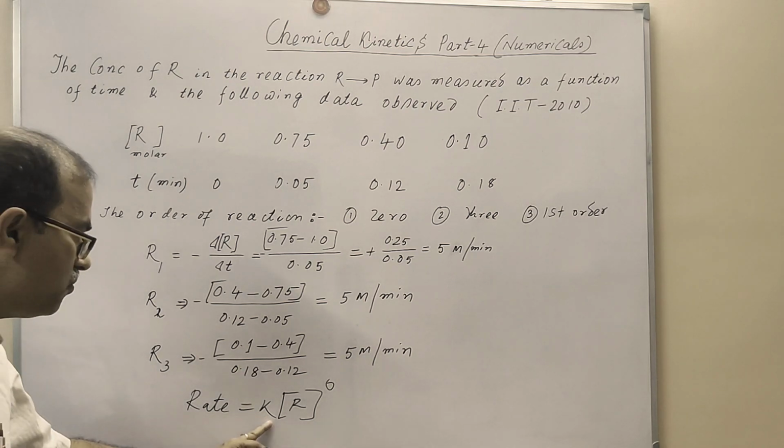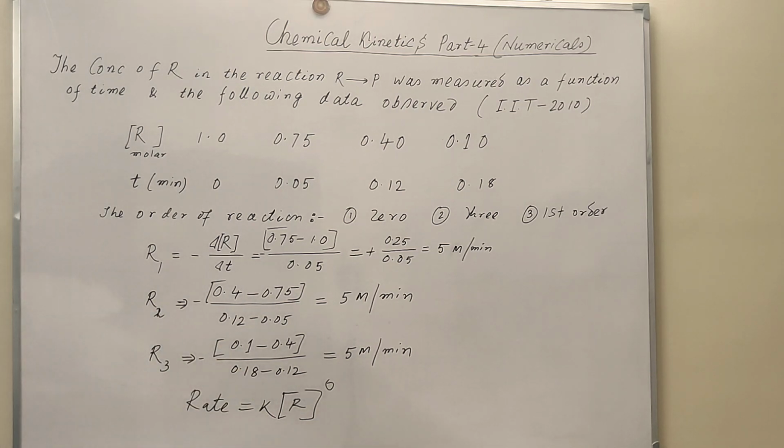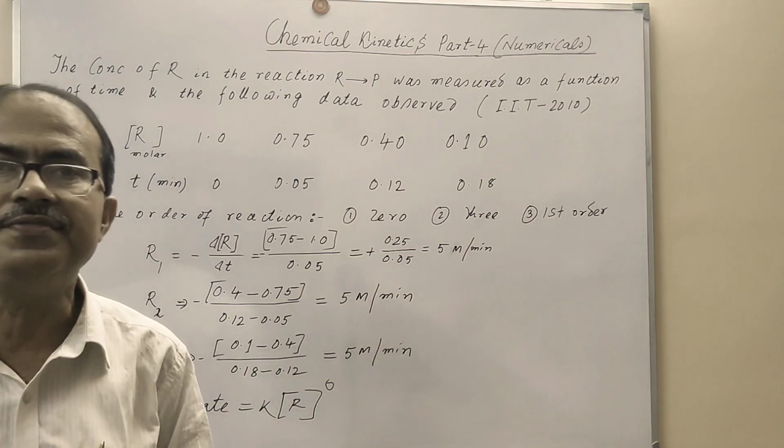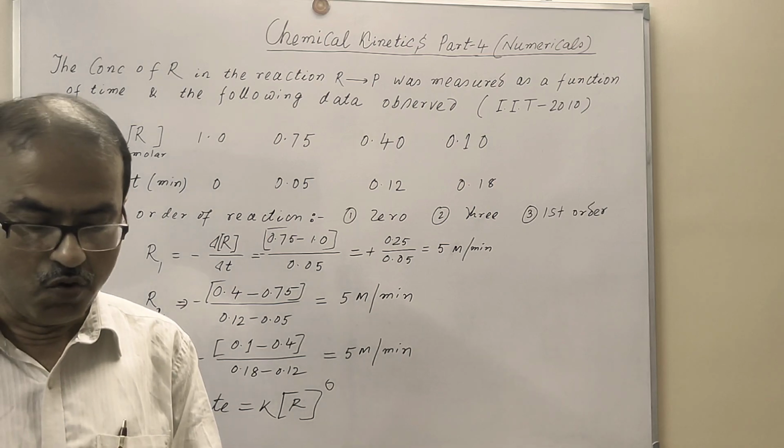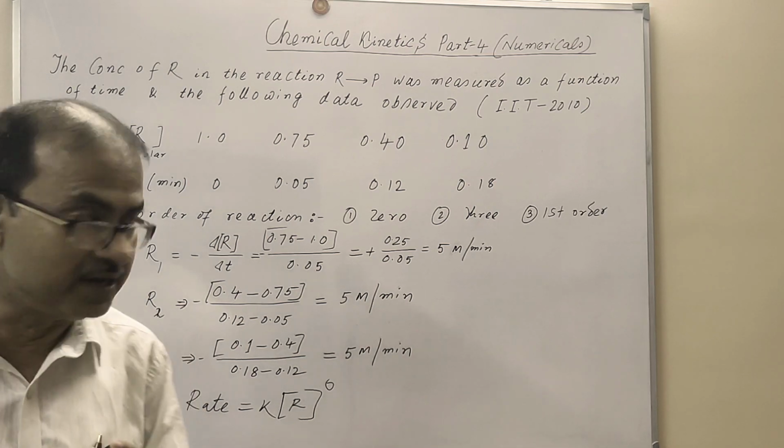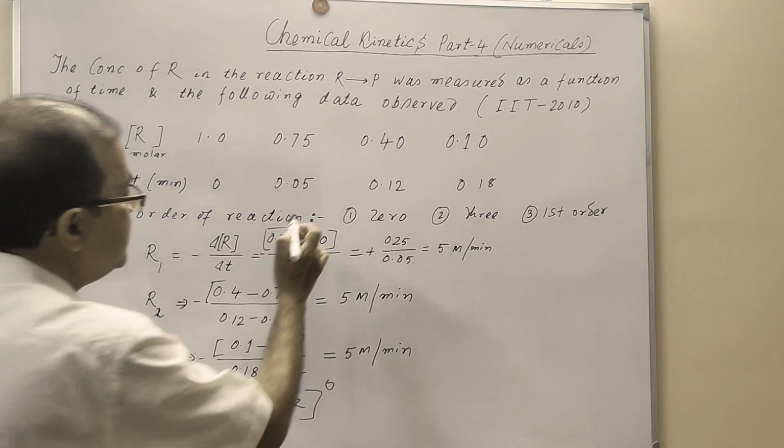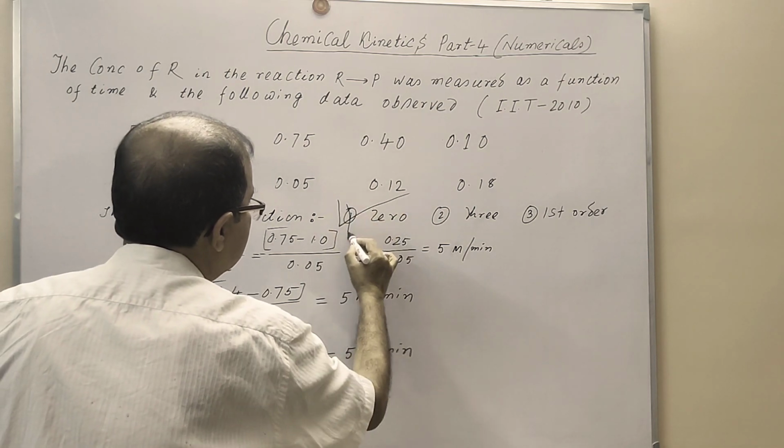Rate is equal to the rate constant. So rate is always the same, means rate is constant, independent of the concentration, and that is only possible when it is a zero order reaction. So we can say the answer of this question will be zero order.